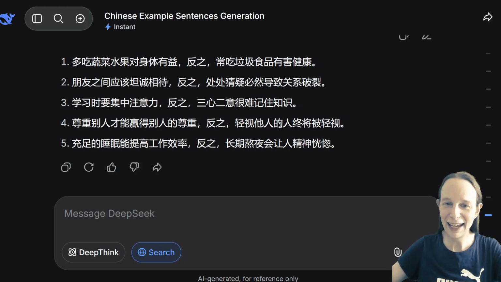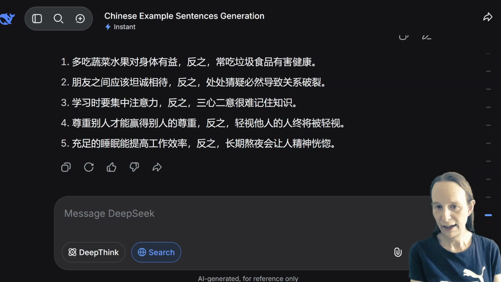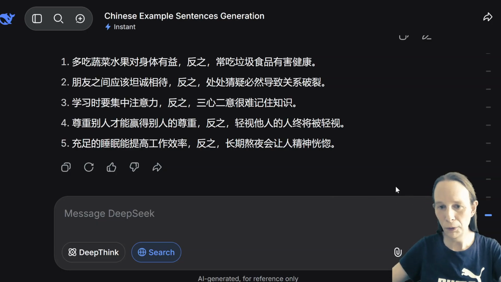But here it's people who have this property, people who look down upon others will themselves be despised. 充足的睡眠能提高工作效率，反之，长期熬夜会让人精神恍惚.